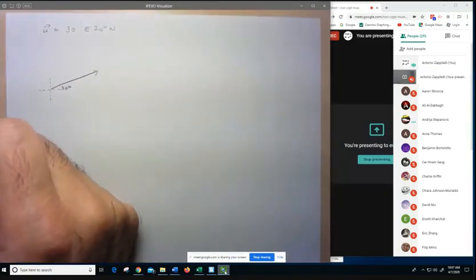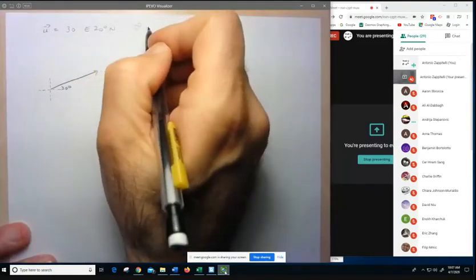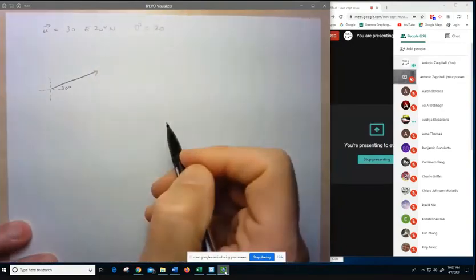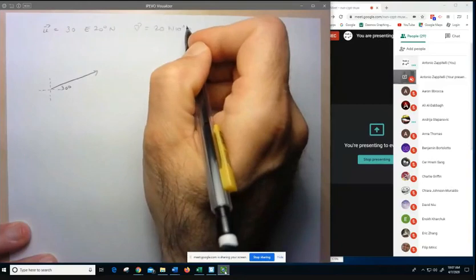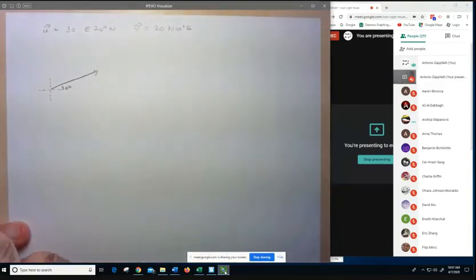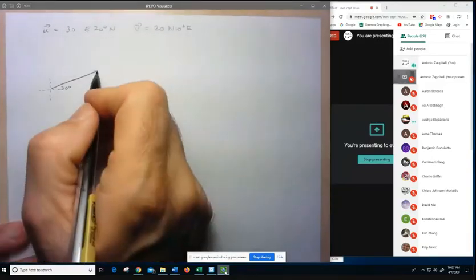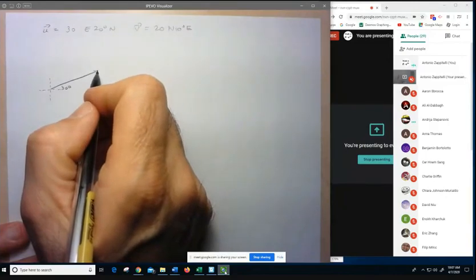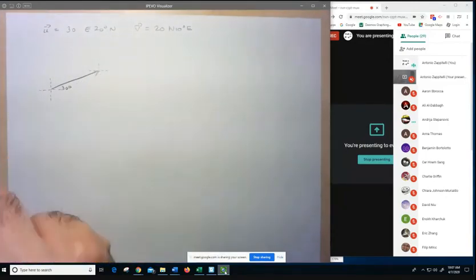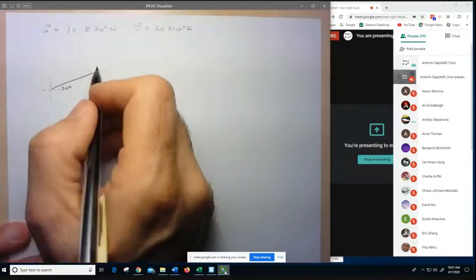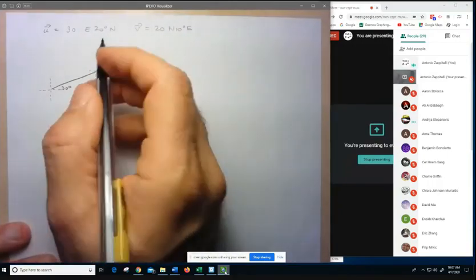And then if I want to add the second vector, v, which is 20 north 10 degrees east, well, what I want to do is place the next vector at this tip. So we're just going to draw ourselves another little cardinal plane there, and we have north 10 degrees east.